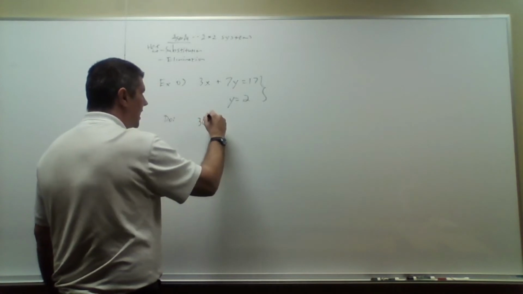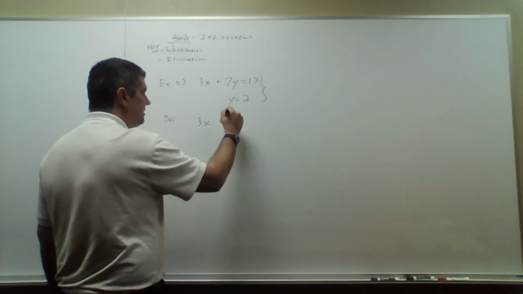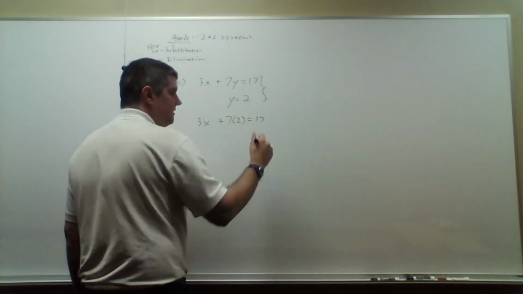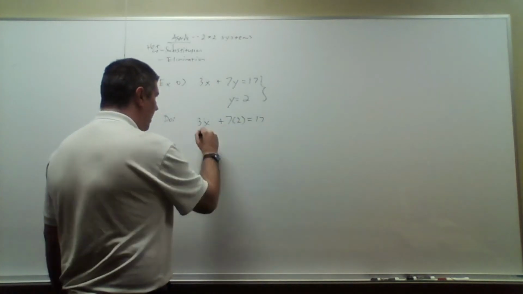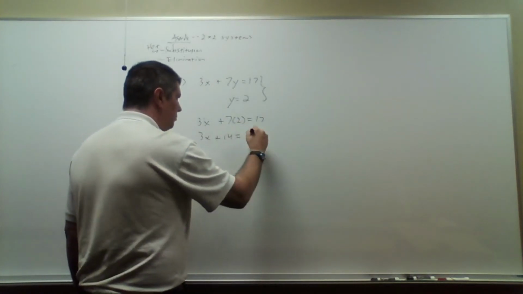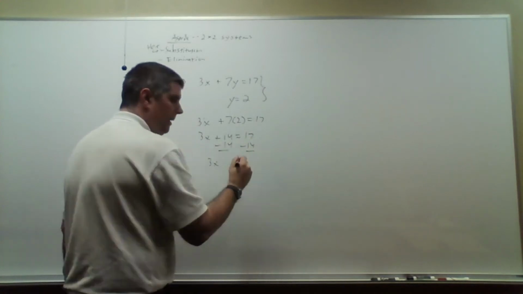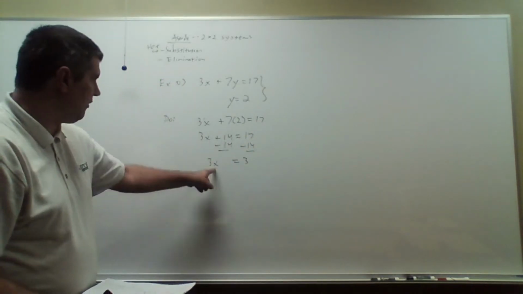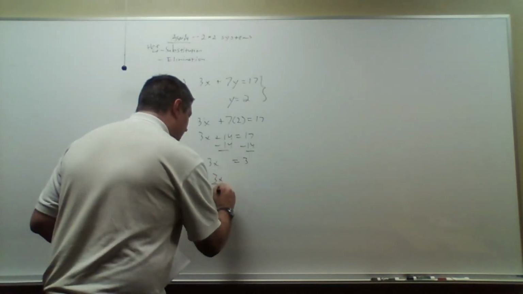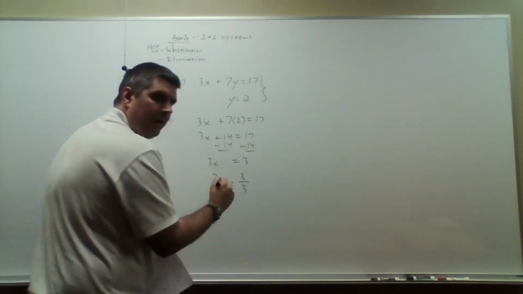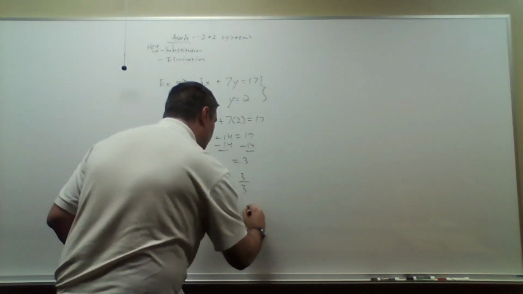So 3x plus 7 times 2 equals 17. Simplify that. You get 3x plus 14 equals 17. Subtract your 14. 3x is 3. If you divide off the 3, 3x divided by 3 equals 3 divided by 3. So x equals 1, and y still equals 2.